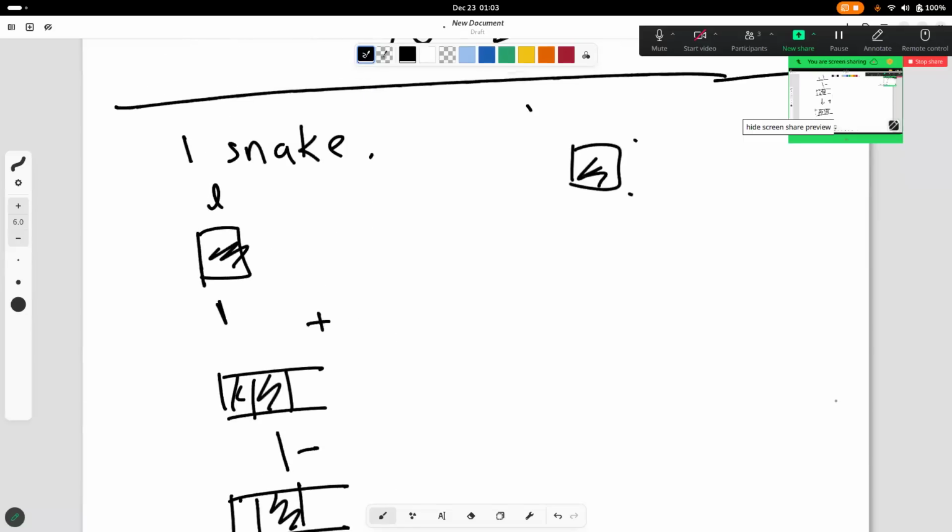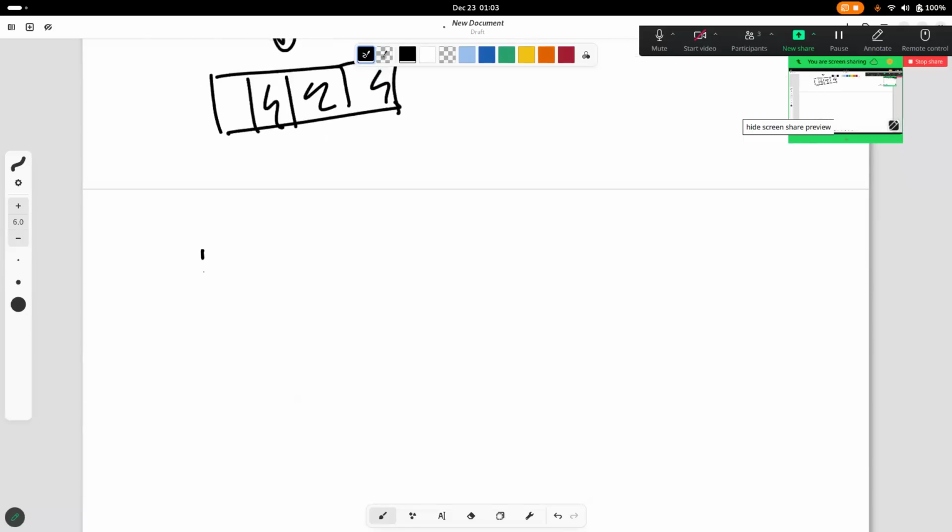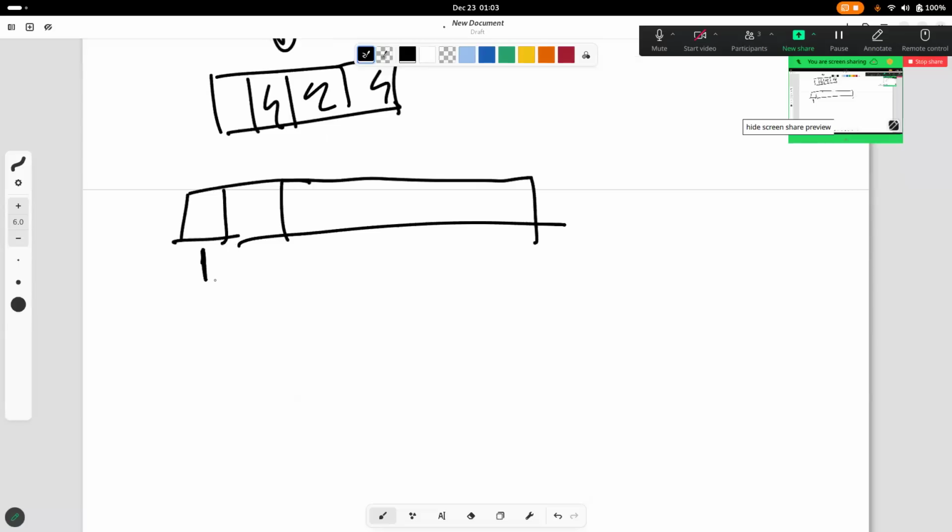And in case of a single snake, what you'll see is you start at 1. If you start at 1, when do you travel to the next cell? When you increase, on an enlargement operation.